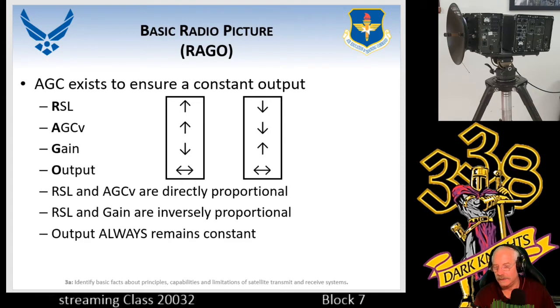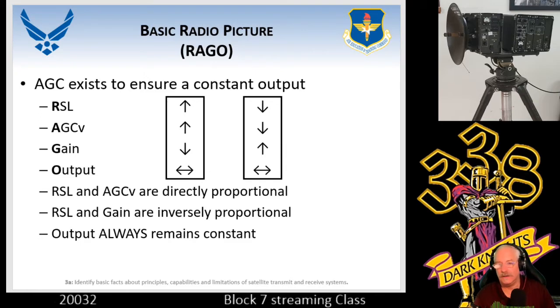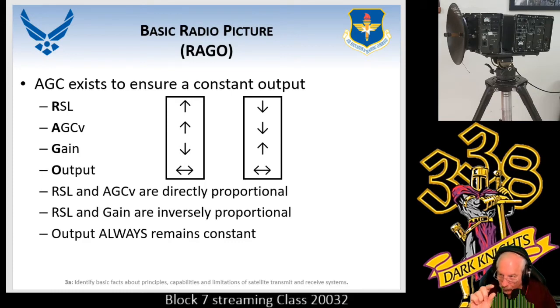Now, what has that got to do with air traffic control? Well, when a plane is 200 miles out, and let's just say you didn't have AGC, and they broadcast to you, that signal is going to be extremely weak. So you, the controller, are going to have to get up there and turn that knob all the way up.